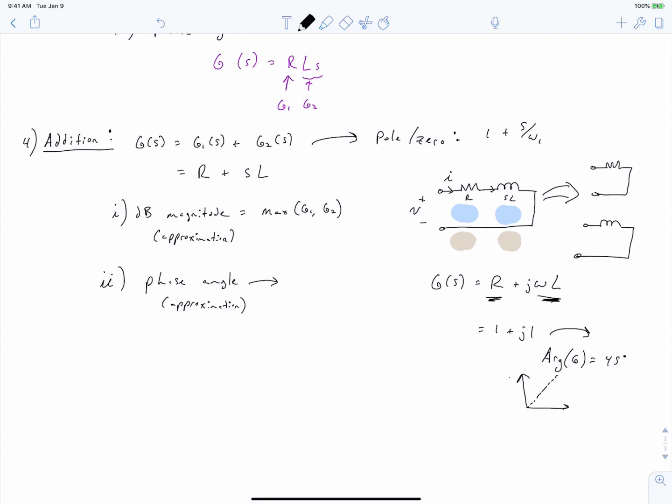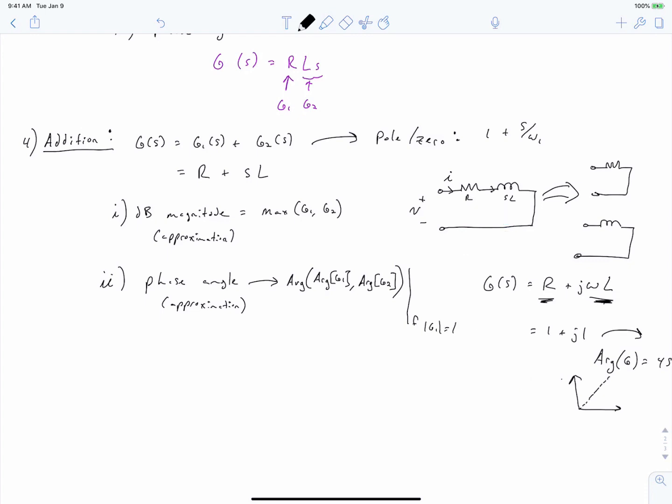So our approximation is going to be a piecewise linear function. It's going to say that at the frequency where g1 equals g2, we're going to take the average angle of these two transfer functions. So we have three cases.